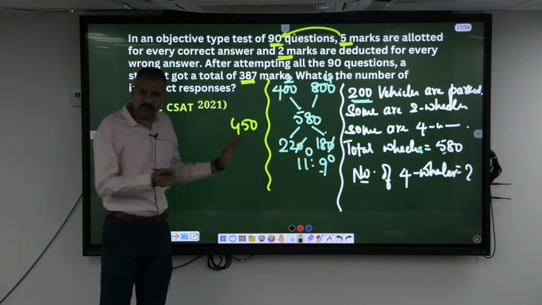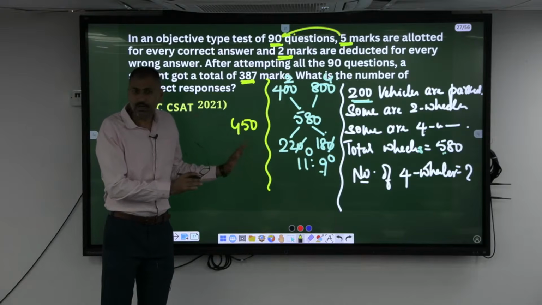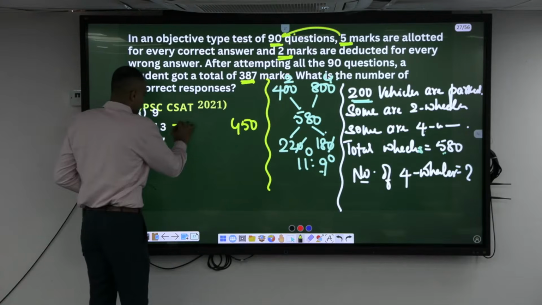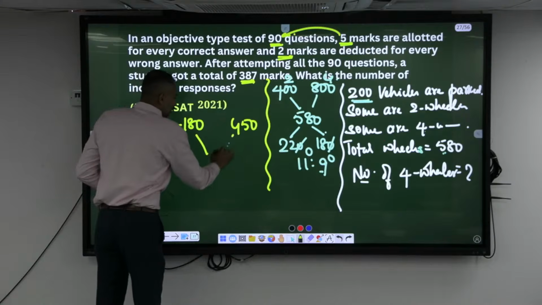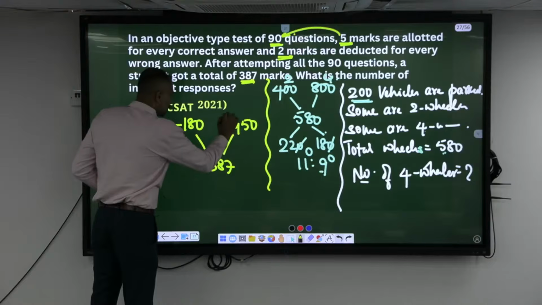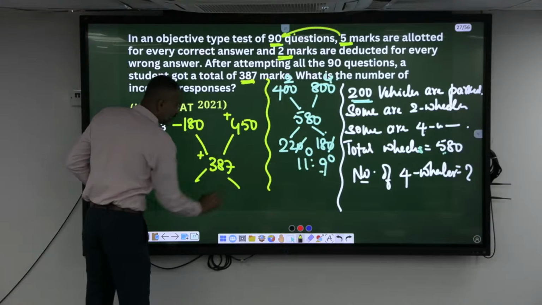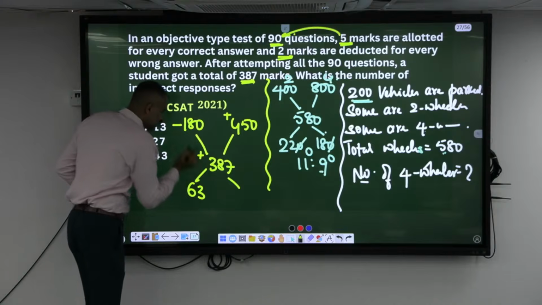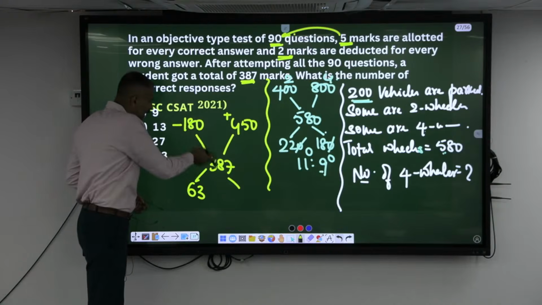That is the minimum score, right? That is the least score you can score. How much? Not 0, it is negative. Two less for each, minus 180. But what is your actual score? 387. This is also plus here, isn't it? Okay, 450 and 387. What is the difference here? 63. Okay, what is the difference between 180 and 387 here?